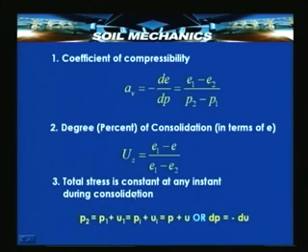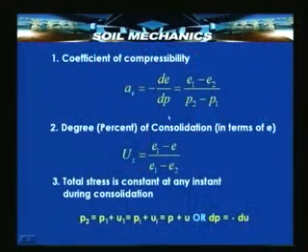So, now if we go to the next concept, that the total stress always remains constant, then we find that the stress change is equal to the excess hydrostatic pressure change. So, dP is equal to minus du.